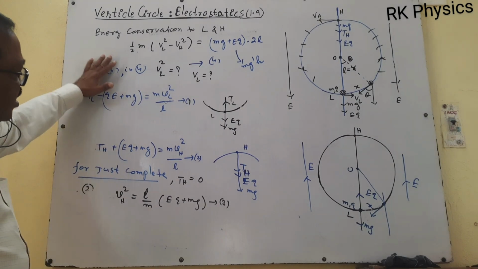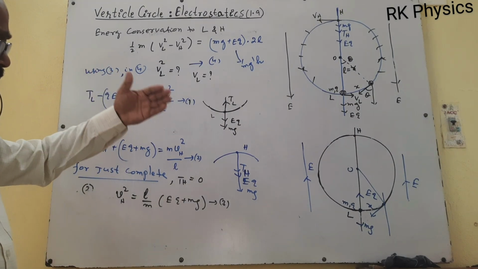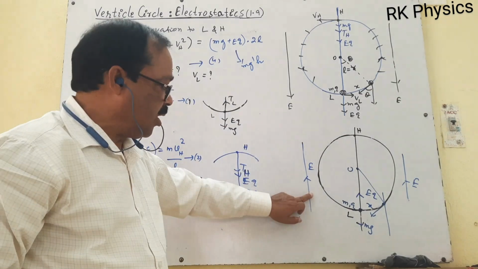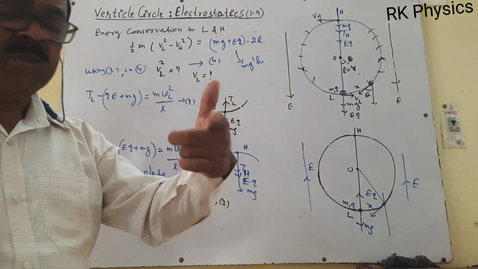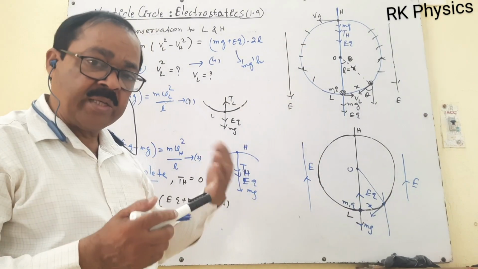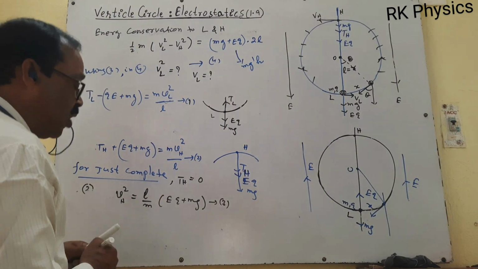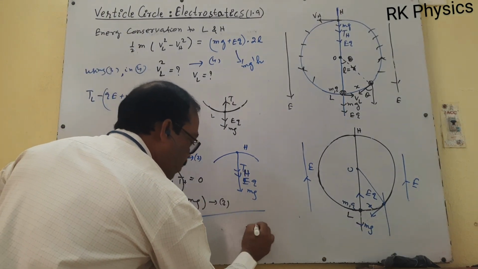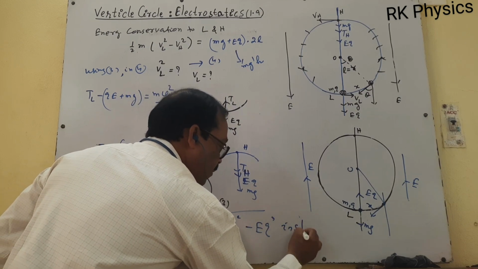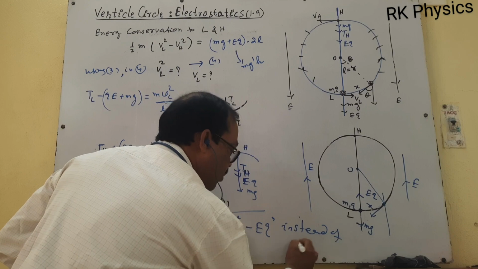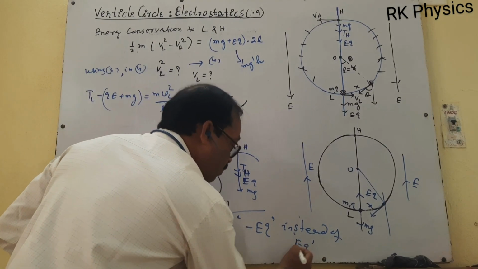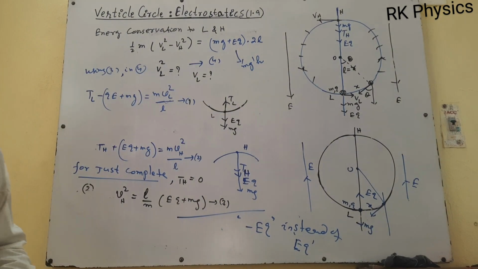Now, again the same thing will repeat in this case. If the electric field is vertically upward instead of vertically downward, what can you do? Just substitute minus EQ instead of EQ.